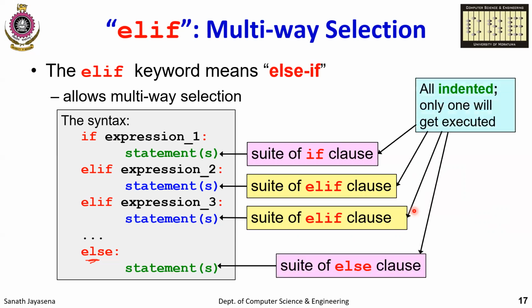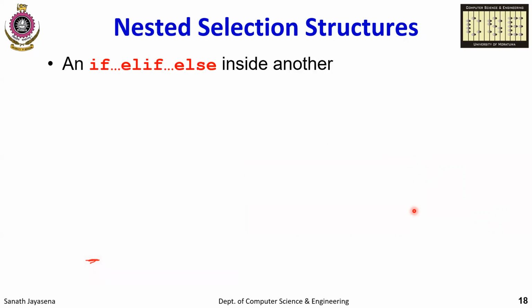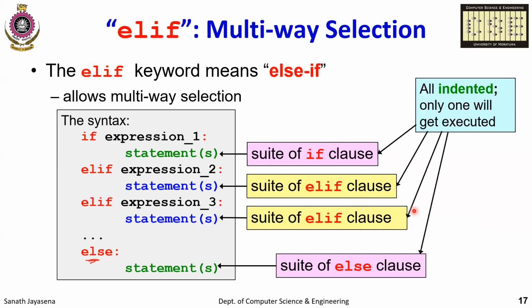And here, all are indented. Just check how these are indented, right? And only one of those will get executed, right? That's also important to understand. Yes, so that's basically how the if, elif, else structure works.